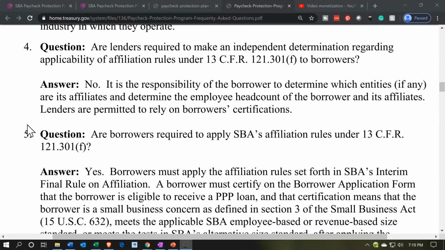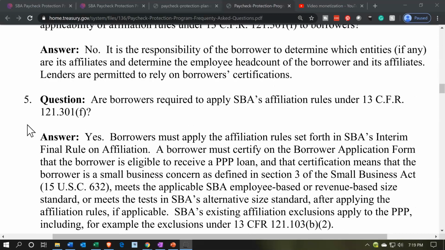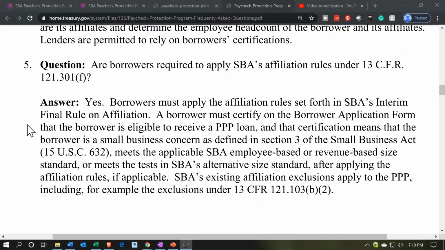Question: are borrowers required to apply SBA's affiliation rules under 13 CFR 121.301(f)? Answer: no. Borrowers must apply the affiliation rules set forth in SBA's Interim Final Rule on affiliation.